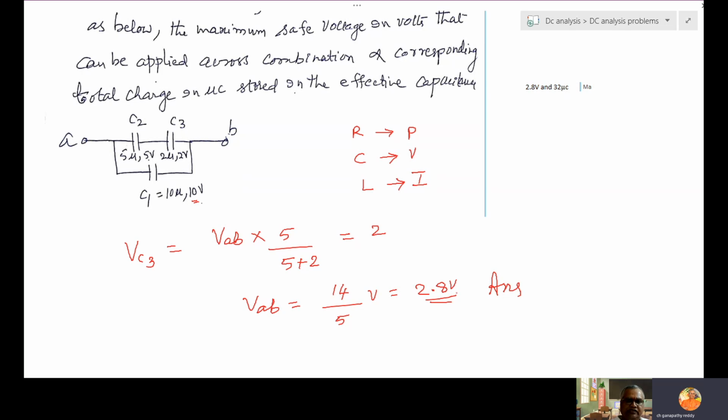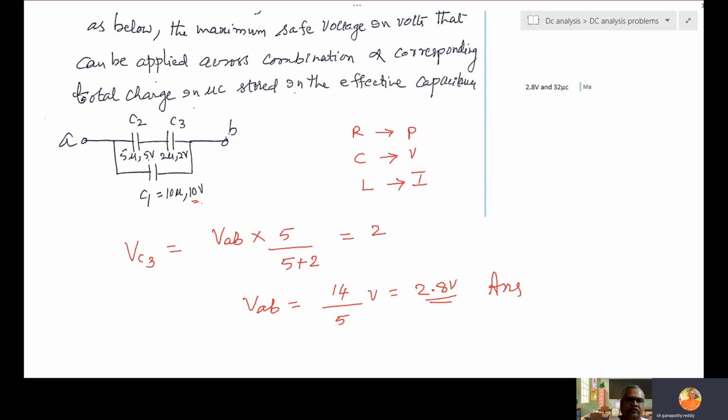If 2.8 is applied, voltage across C3 is 2, voltage across C2 less than 5, voltage across C1 less than 10 anyway. So all 3 capacitors are safe. The maximum safest voltage we can apply across AB is 2.8 volts.